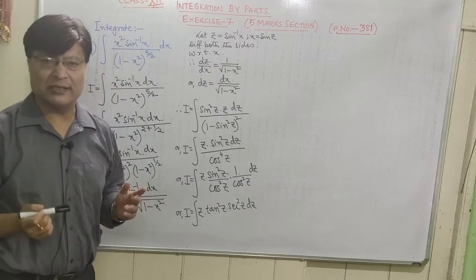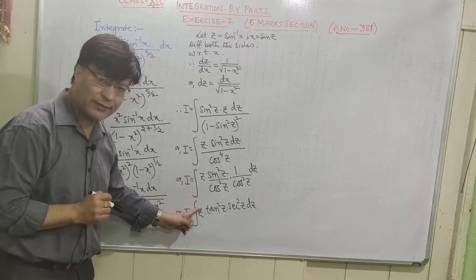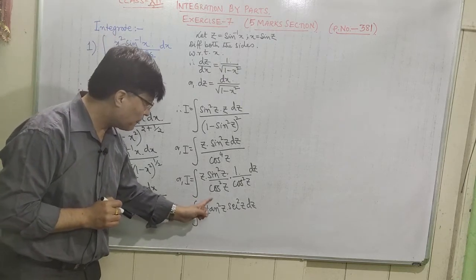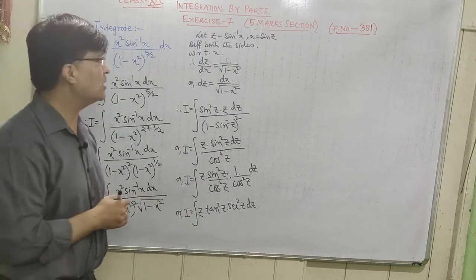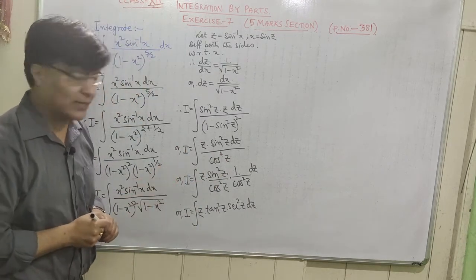A comes first, isn't it? That means z, the algebraic function, is the first function, and tan square z sec square z is the second function. So let us use integration by parts in this case.